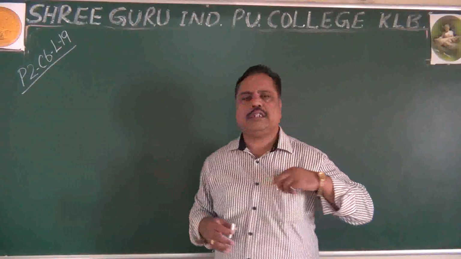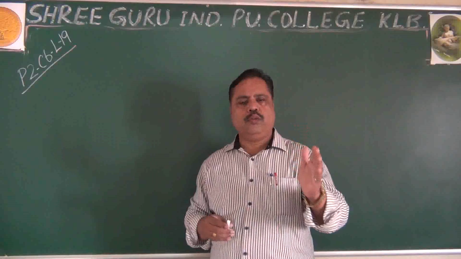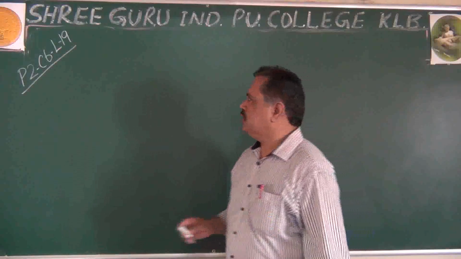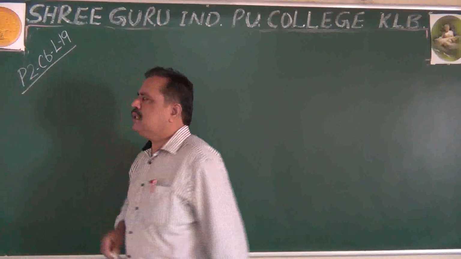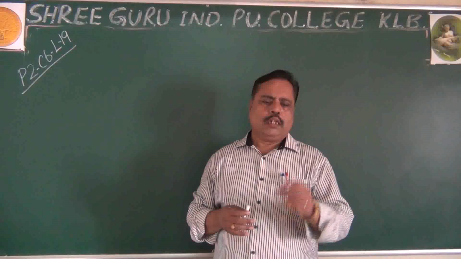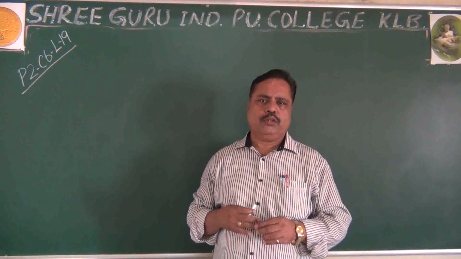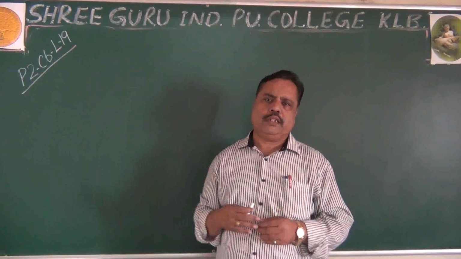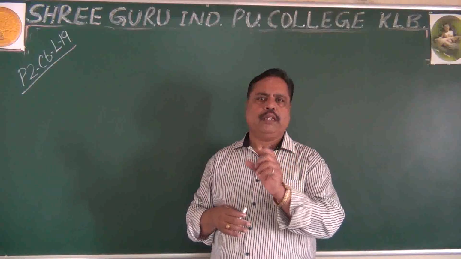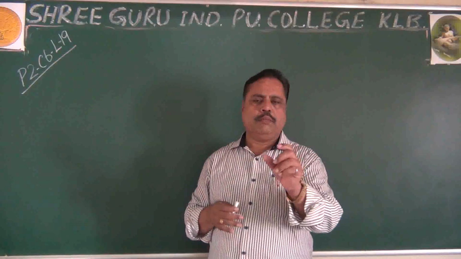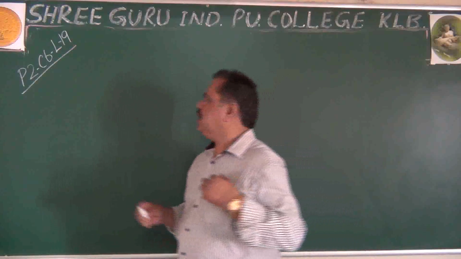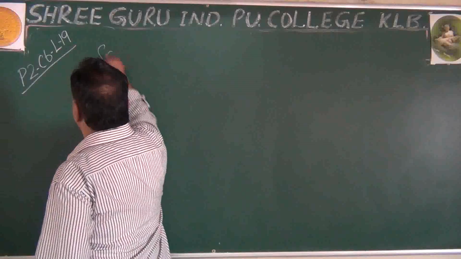Before that you must understand what genome means: 22 autosomes plus X and Y. Now students, let us see what contributions were made by the HGP. It is a mega project, I told you. After working for 13 years, what discoveries were made by the HGP team can be called salient features.